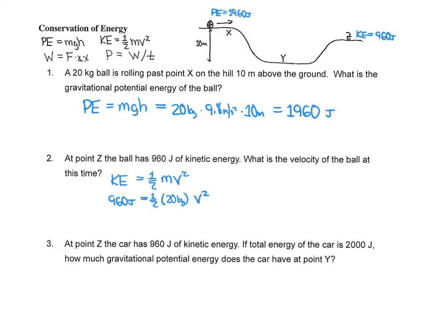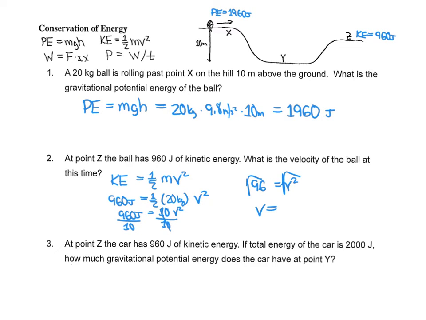So I'll write it out, everybody. Don't panic. 960 equals 10 times V squared. Divide both sides by 10. It's going to be 96. Did the math in my head. So 96 equals V squared, and I have to square root this to get V.